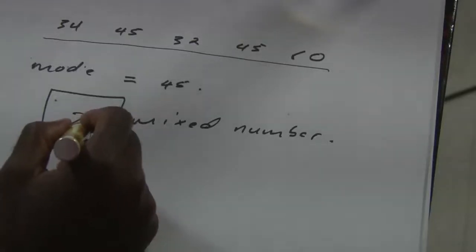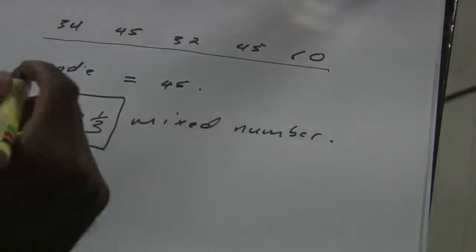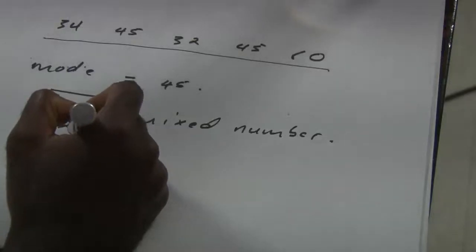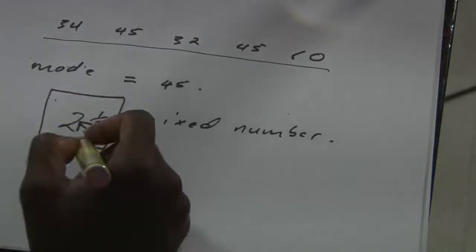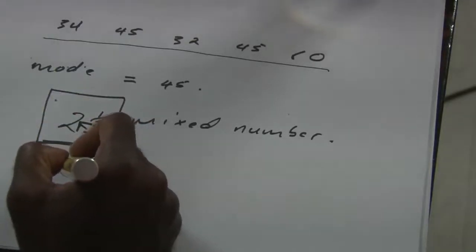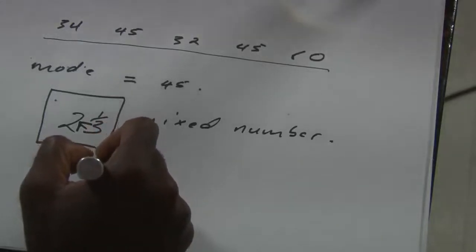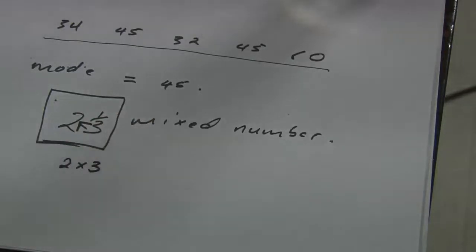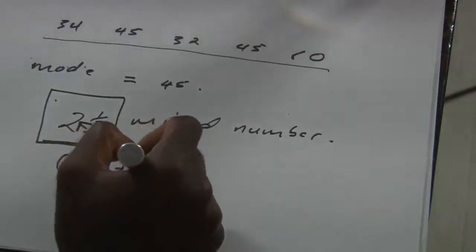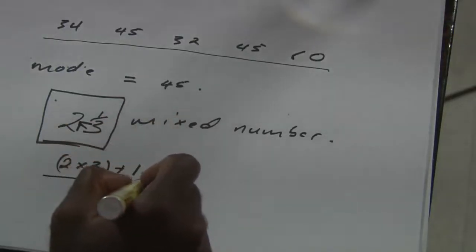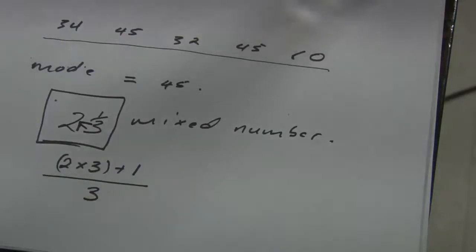What you do is multiply the whole number by the denominator, which means here you have 2 times 3, and then you add 1, divided by 3.